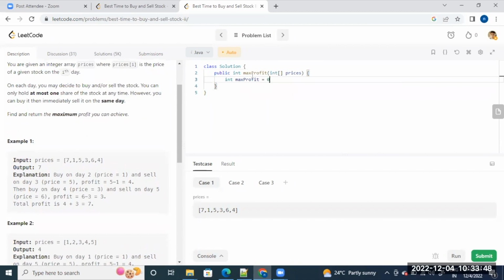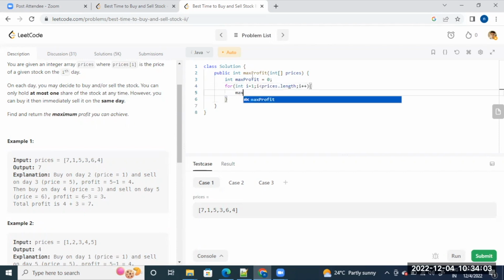So we are getting the maximum profit. We loop with i from 1 up to prices.length, i plus plus, and calculate the maximum profit.